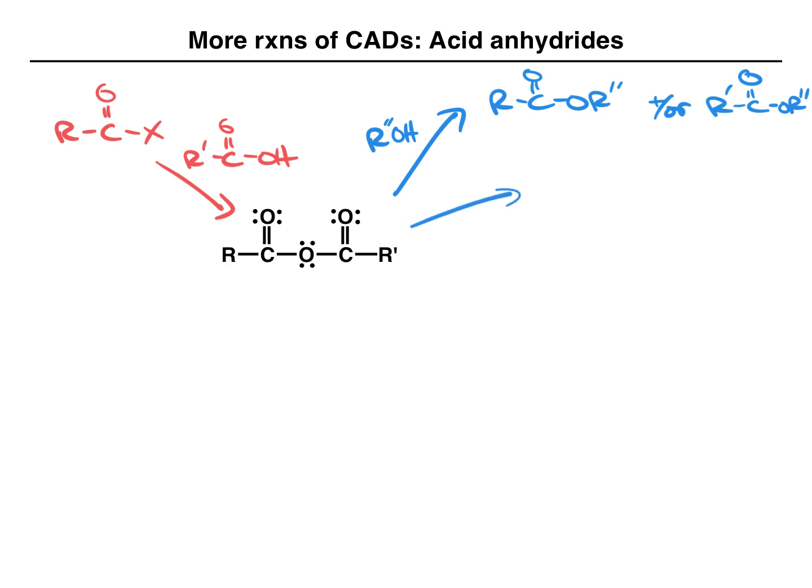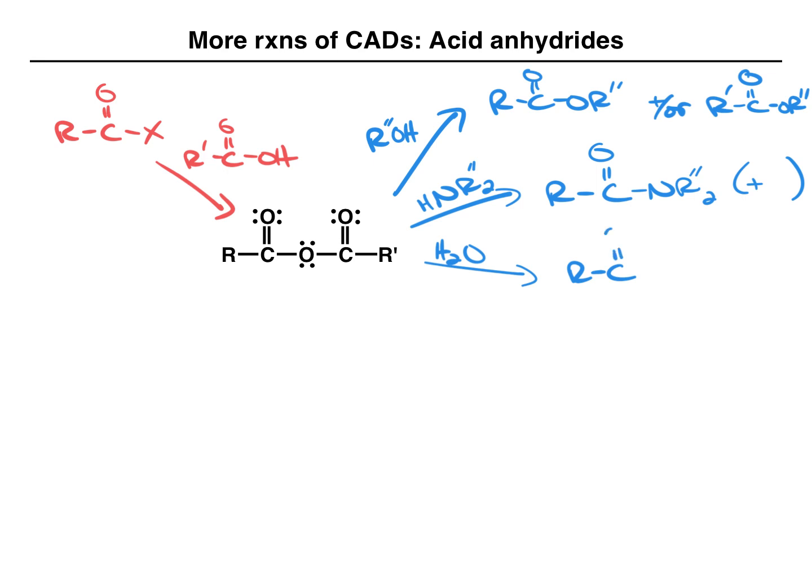If we react an anhydride with an amine, then we can prepare an amide plus the other one. Or if we carry out hydrolysis, then we can make a carboxylic acid, plus the other one.